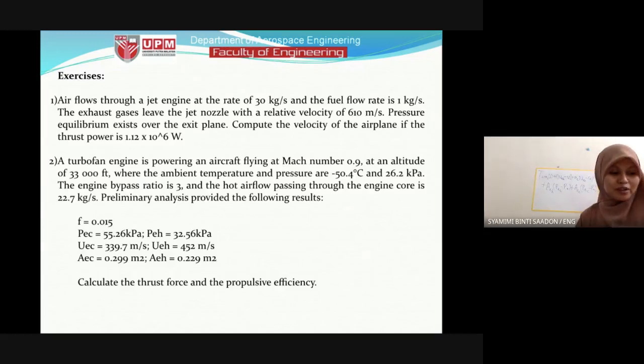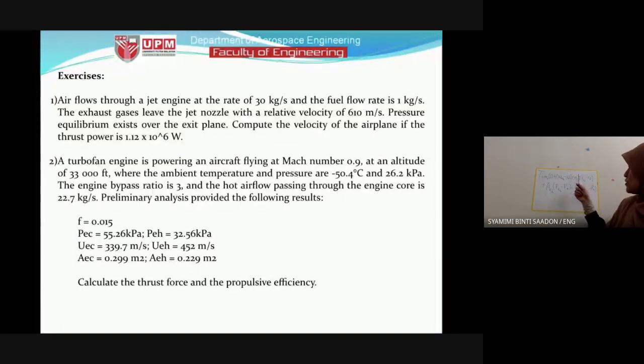Once we know all of this, now we can calculate the thrust force. We are given PEC, PEH, AEH, AEC. What else? UEC, UEH are given. F is given. MH, MC, you have to calculate.